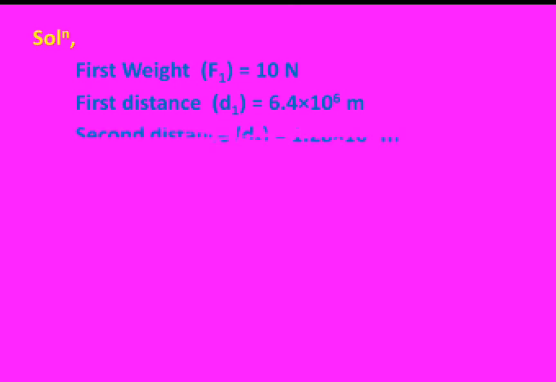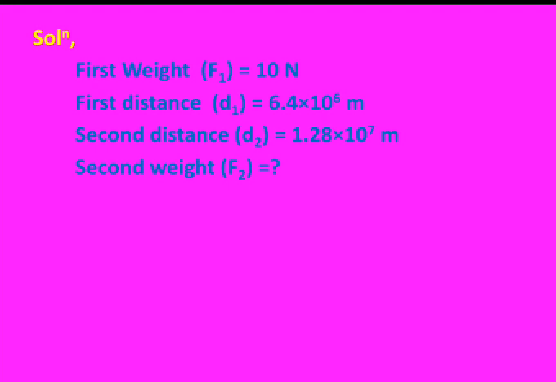Solution. First weight F1 equals 10 Newton. First distance D1 equals 6.4 × 10^6 meter. Second distance D2 equals 1.28 × 10^7 meter.